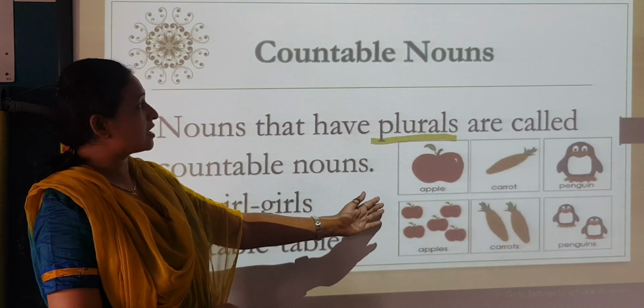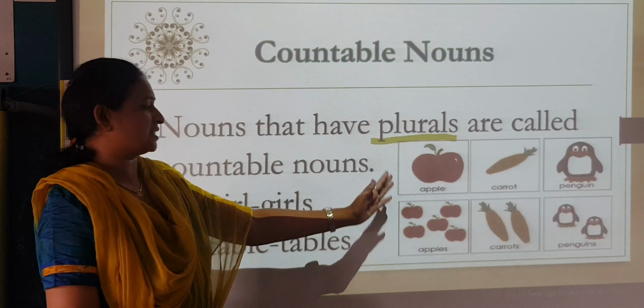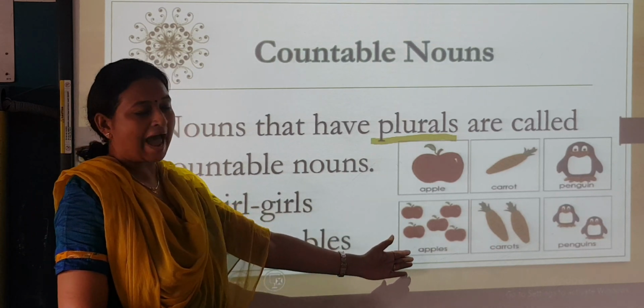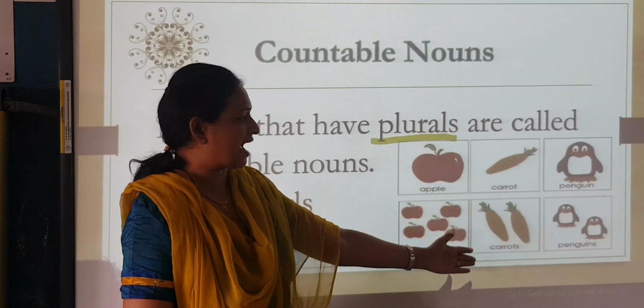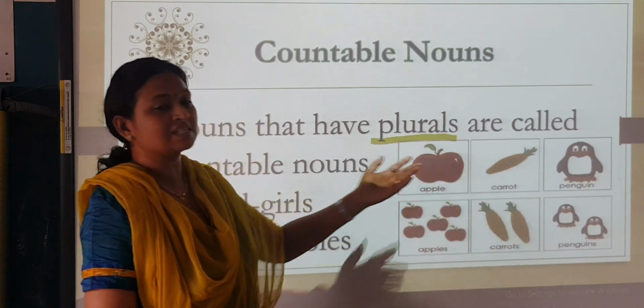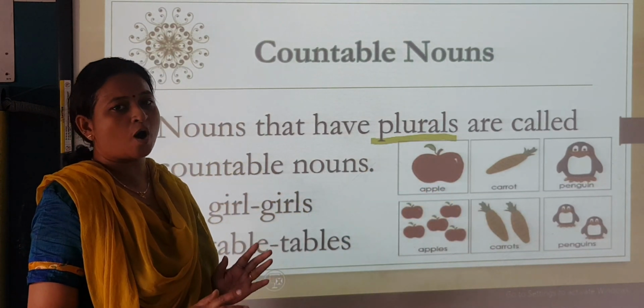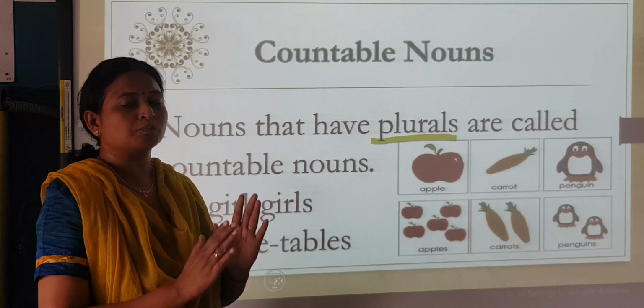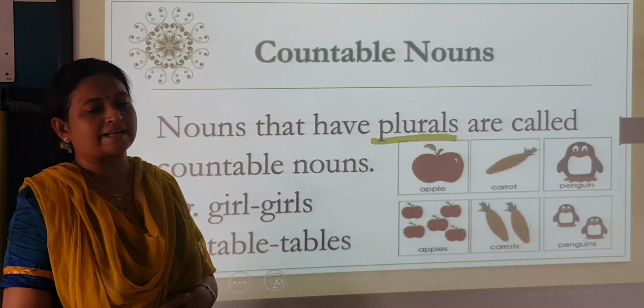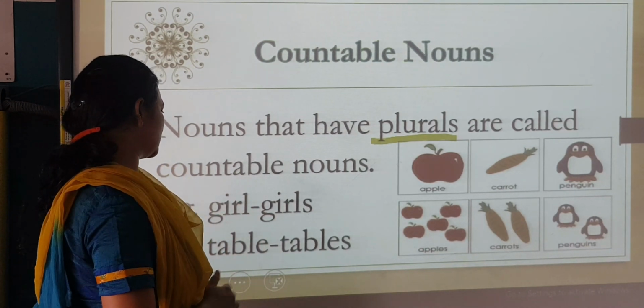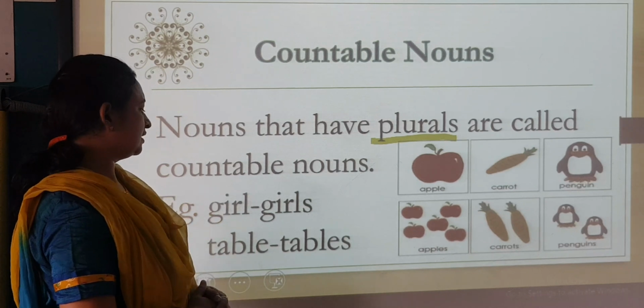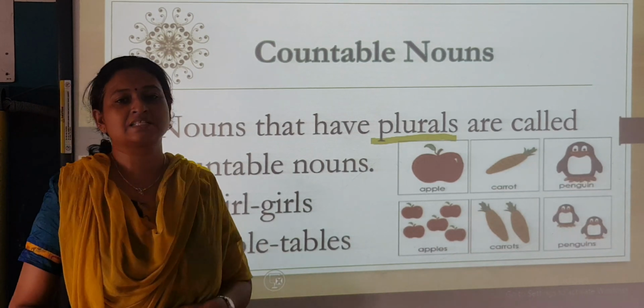Apple is not countable? Yes, it is countable because you can write apples. Carrot, carrots. Penguin, penguins. So these are all countable. In short, the words which have a plural all fall under the category of countable nouns. There are some more examples: girl, girls, table, tables.